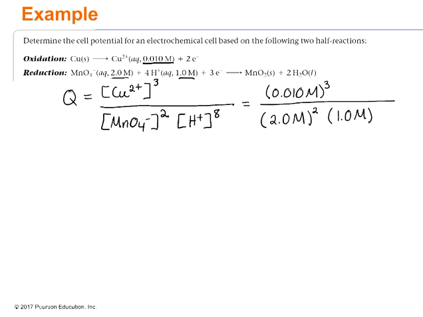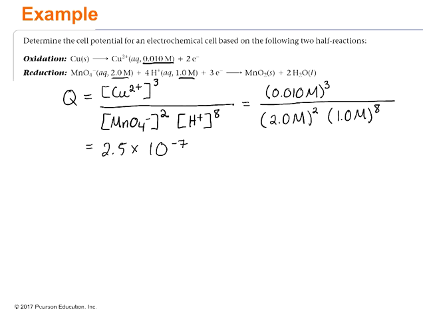So when we raise that to the 8th, that'll just be 1. So we got lucky with that. Okay. So Q, if we calculate this, should end up around 2.5 times 10 to the -7th. And again, this is unitless, so don't worry about units for this.